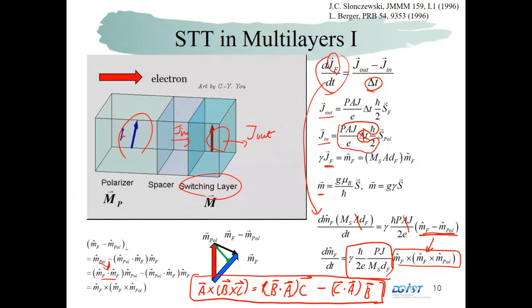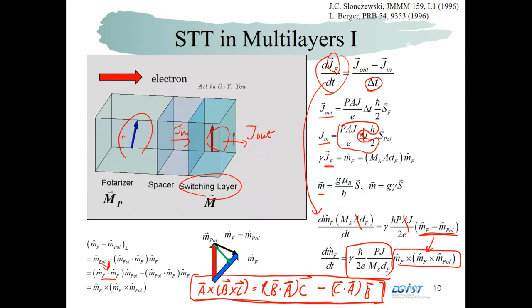Is it okay? The vector identity called the BAC-CAB rule. Anyone who doesn't know about this vector identity? Okay, good.